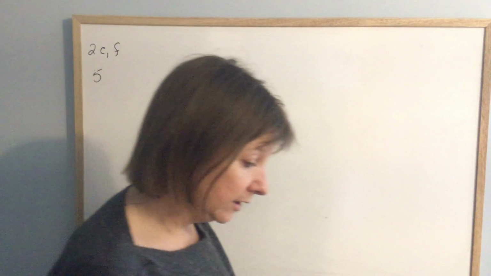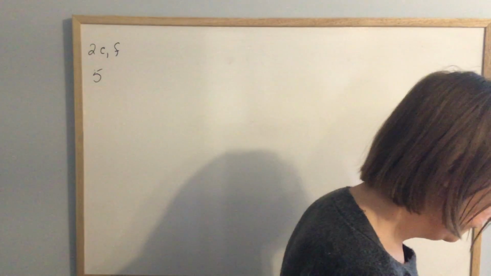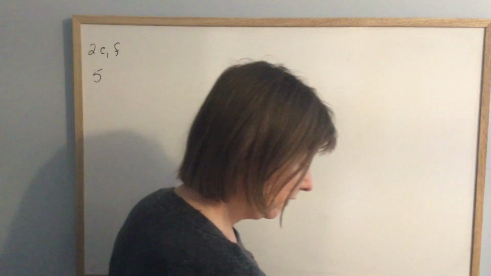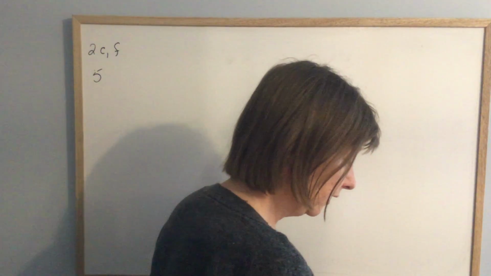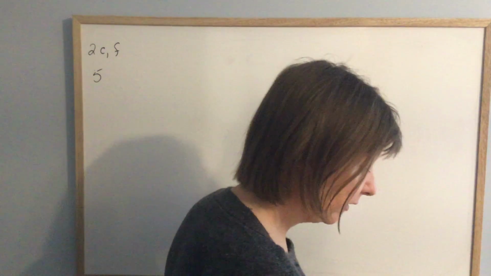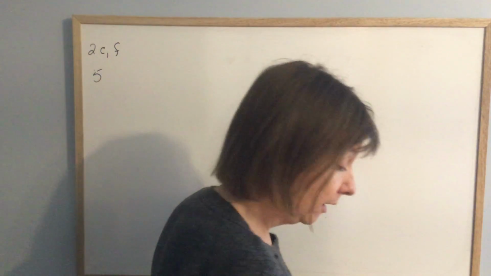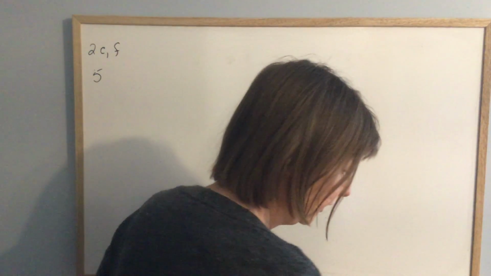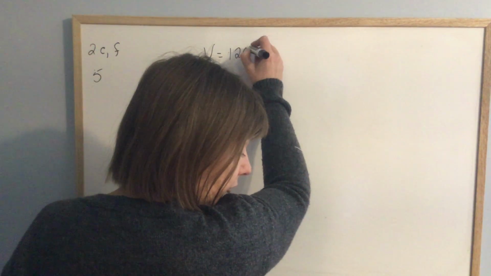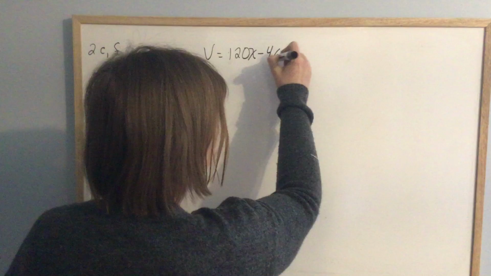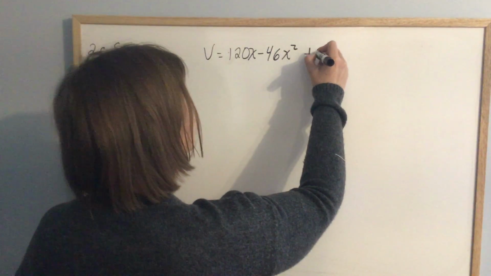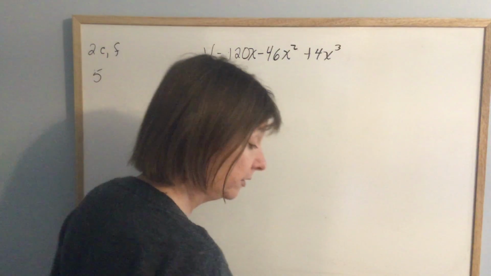All right, so number 5. It's a word problem. It says the volume of a shed in the shape of a rectangular prism with a height of x meters, so all of that doesn't matter at all, is given by volume is 120x minus 46x squared plus 4x cubed.